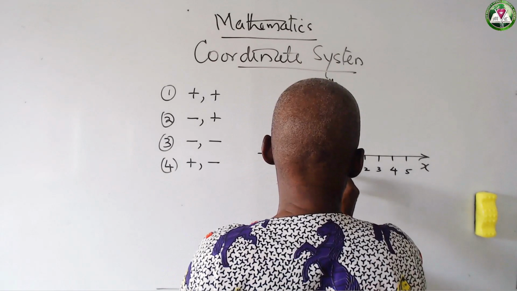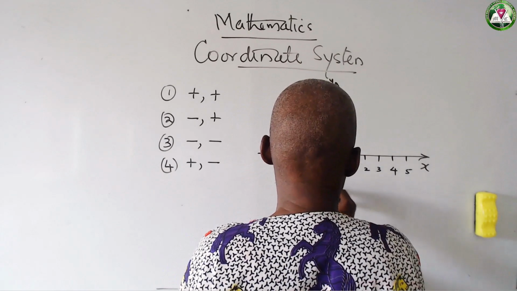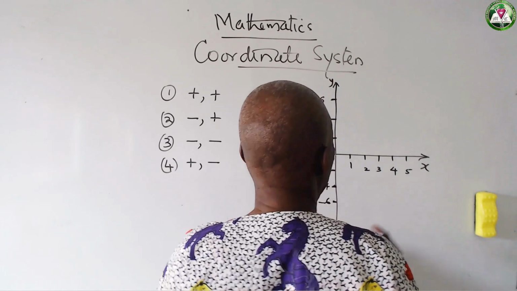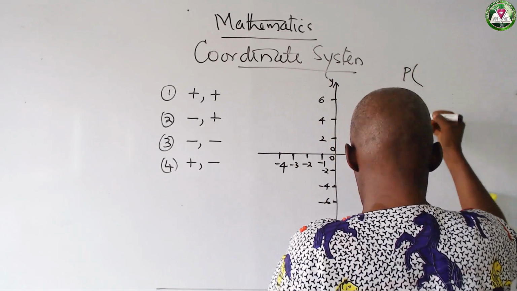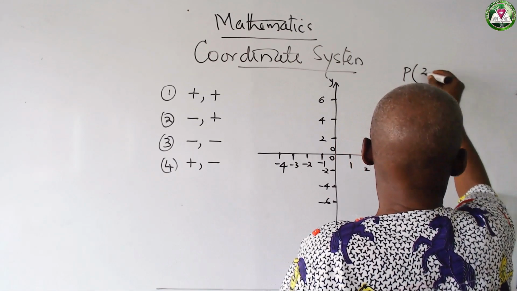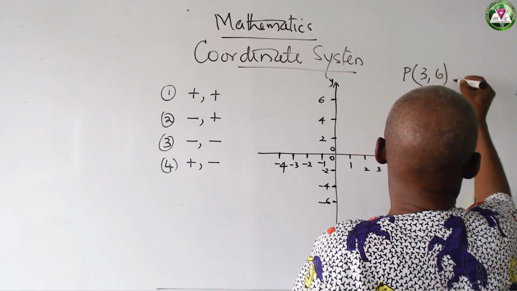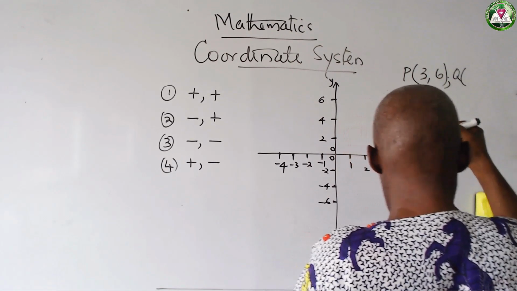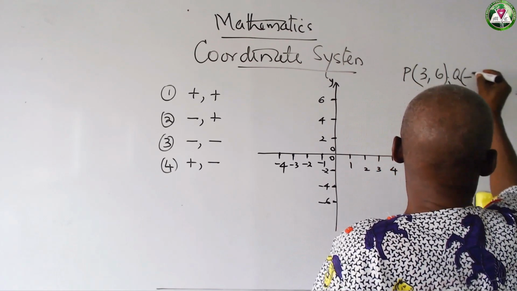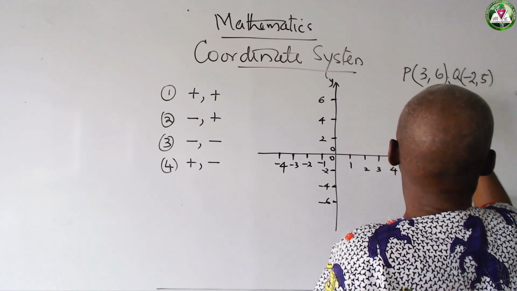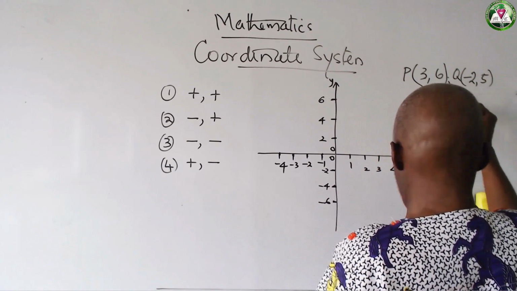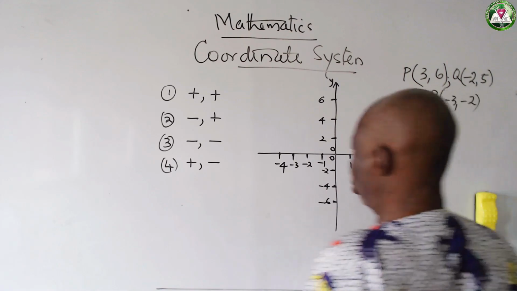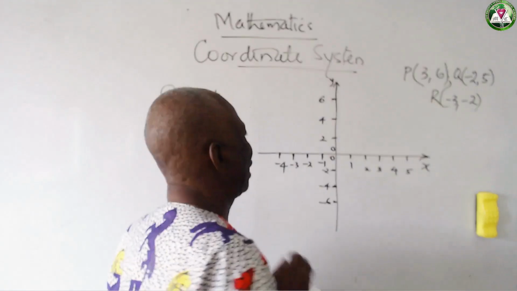This side, minus 2, next one, minus 4, this one, minus 6. That's what we have. But the points that were given to us were P (3, 6), Q, what was Q? Q (-2, 5), and R was (-3, -2).